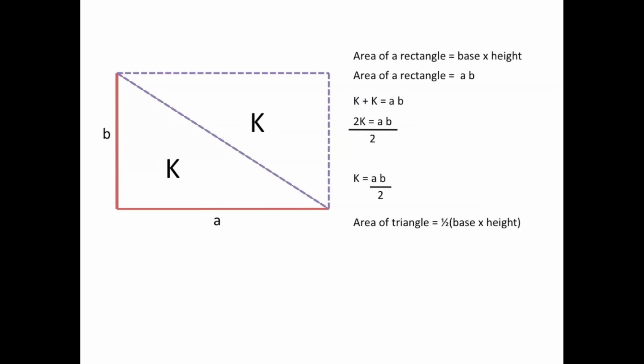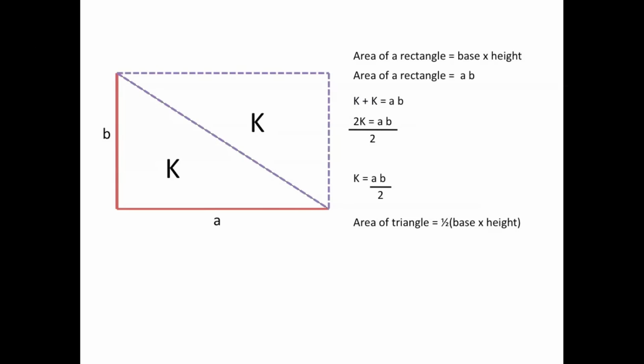And this can also be written differently, because if you remember, A is representing the base of our triangle, and B is representing the height. So we came to a conclusion that K is equal to half A times B, which can be written as a general formula, half base times height.